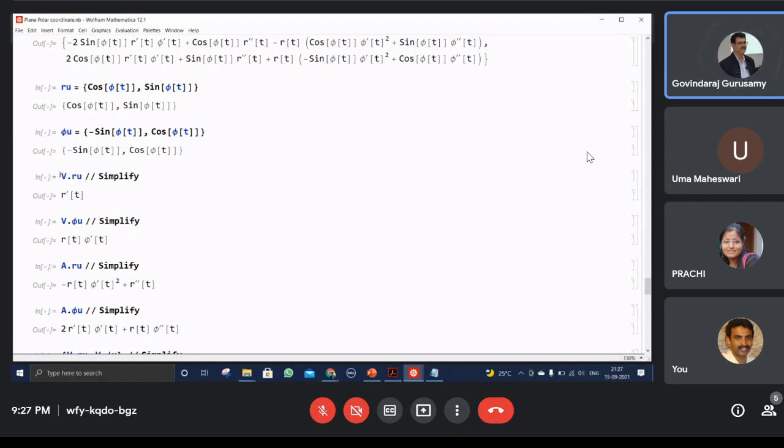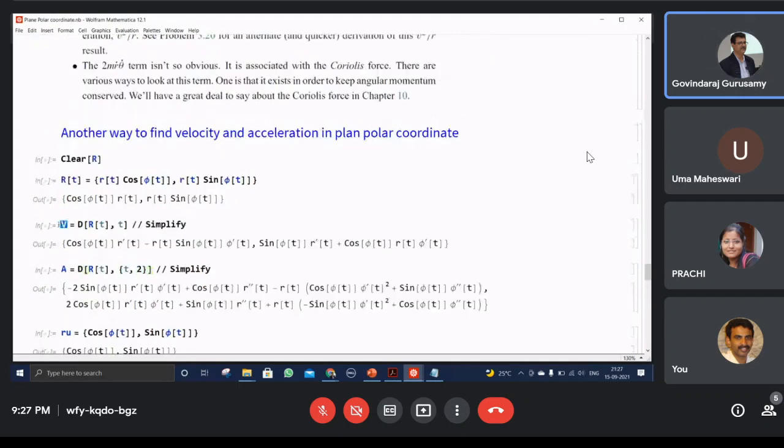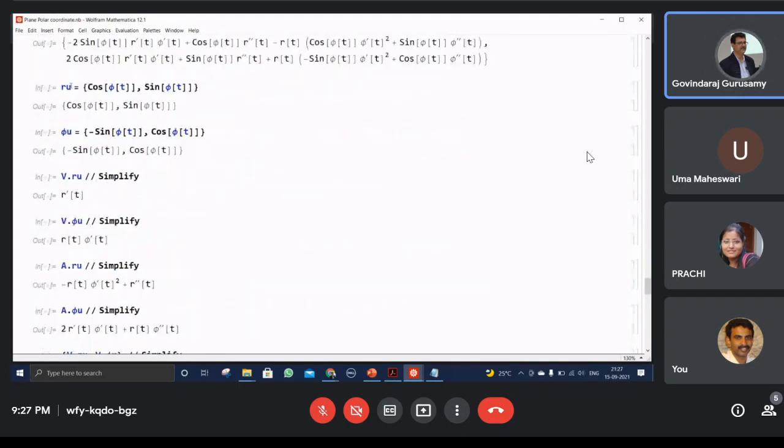Similarly, v dot phi unit gives r of t phi prime of t, which is already available as a velocity component. Multiplying with these unit vectors and simplifying gives the radial component and the angular component of the velocity. This is what we have already found.